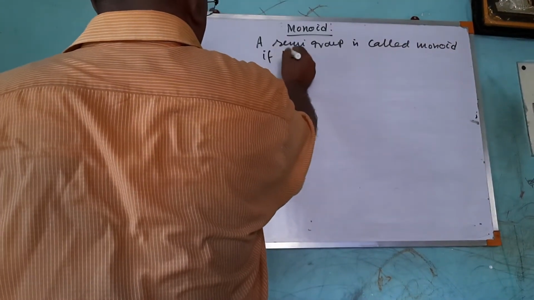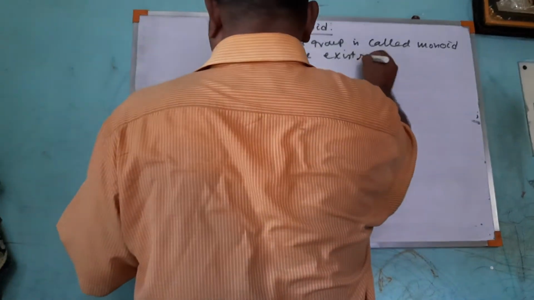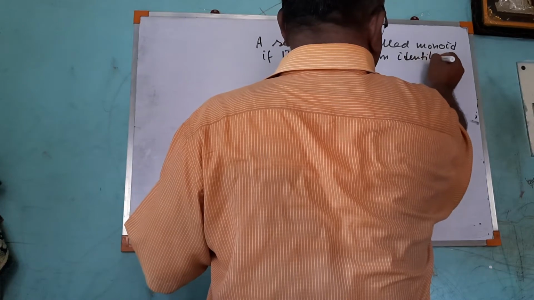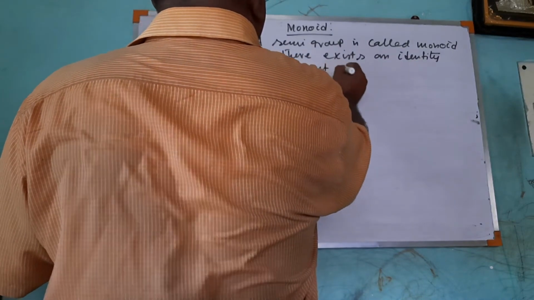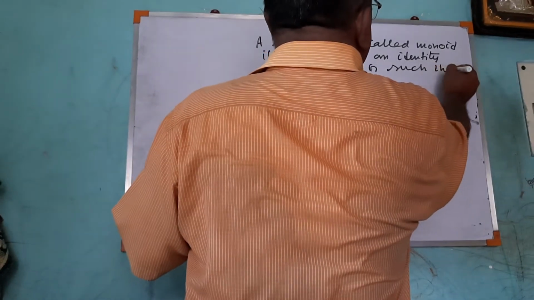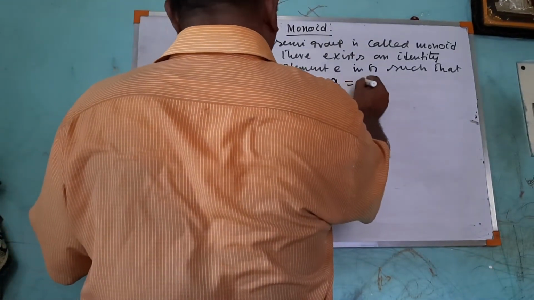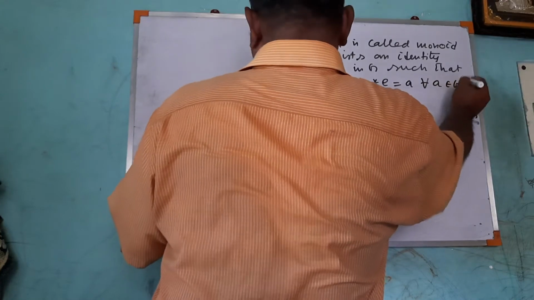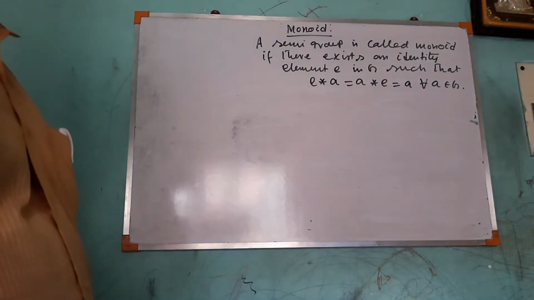if there exists an identity element E in G such that E composition A equal to A composition E equal to A for all A belongs to G. So a semi-group, I will discuss semi-group also here.